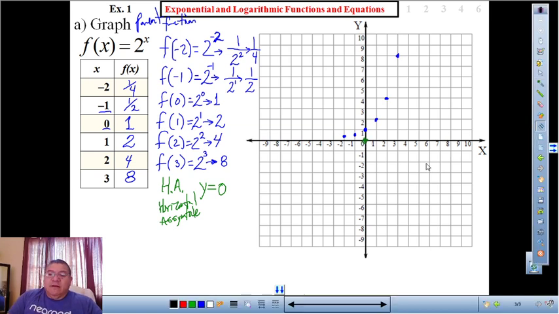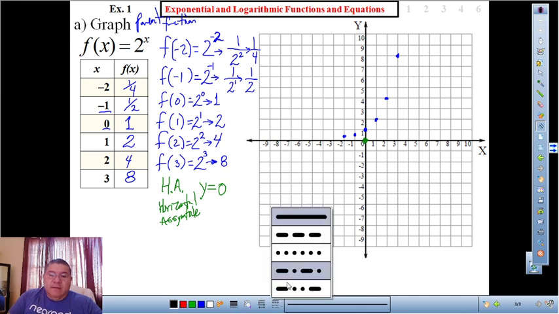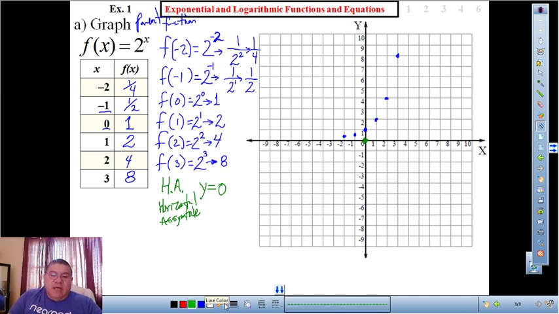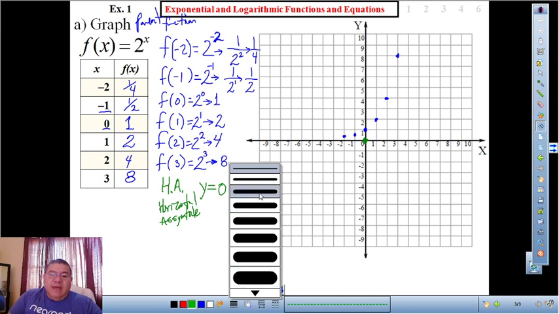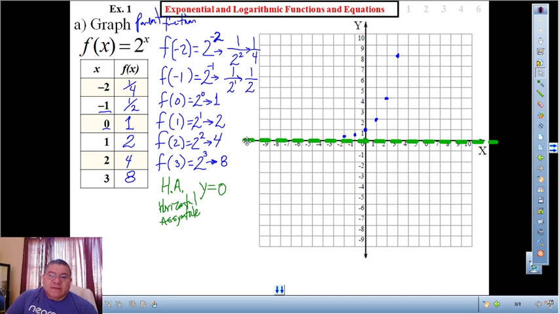So what does that mean? I have an invisible line, an asymptote, going through 0 that looks like this. And why do we need that asymptote? Well, because that's going to indicate that we cannot touch that line.